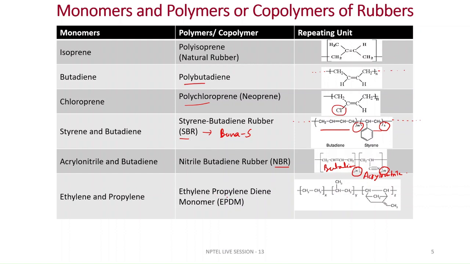Another copolymer is ethylene propylene diene monomer. The monomers are ethylene and propylene. It has this kind of structure, where X, Y, Z, three changing units can be there, and this whole unit is connected from this end in a repeating pattern.